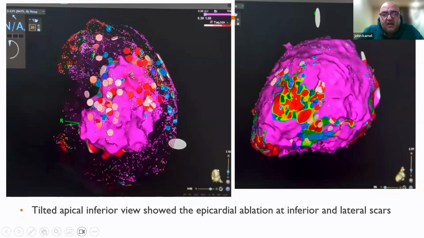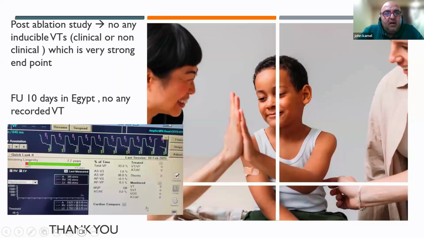After ablation, in the post-ablation study, there was no inducible tachycardia, which is a very good endpoint, either clinical or non-clinical. All the tachycardias had disappeared. Rendering the VT non-inducible is a good endpoint for such a VT.